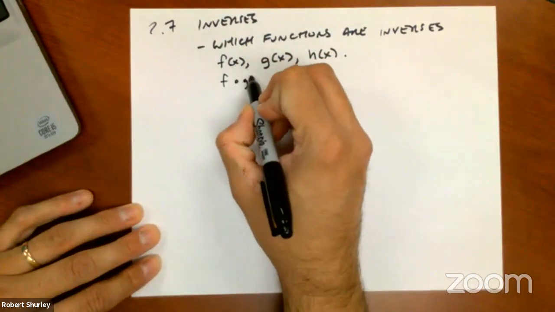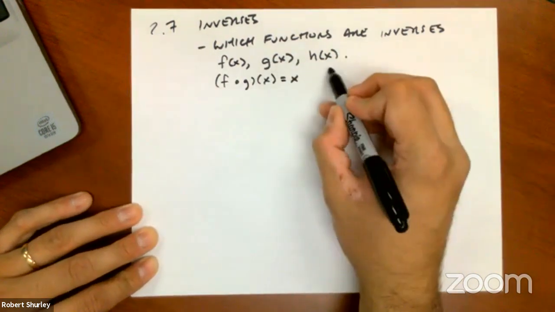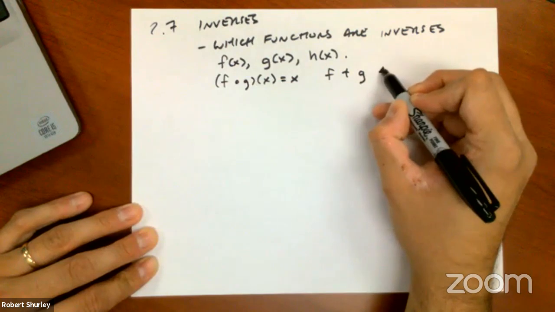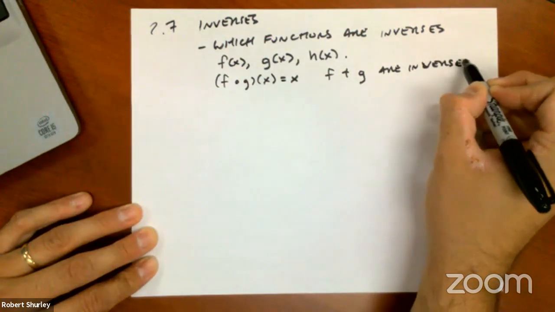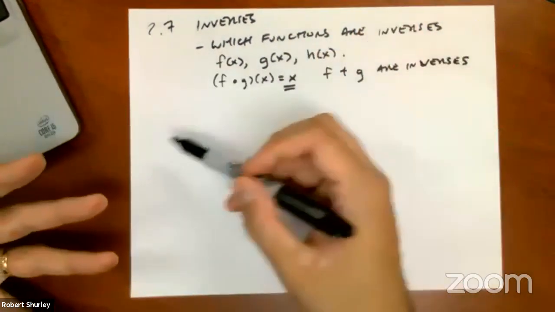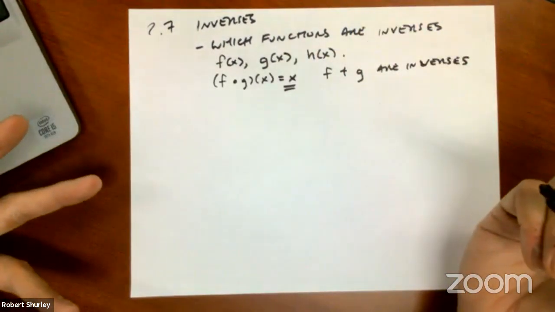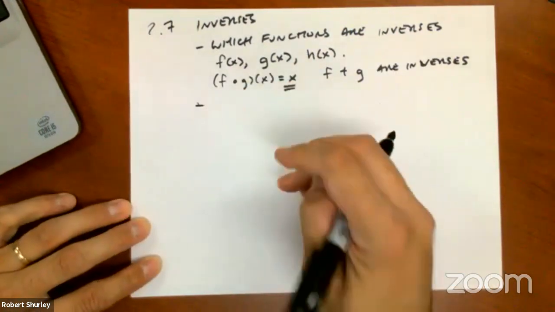So if f composed of g winds up being x, then we know f and g are inverses, right? So you just have to check it that way. Which two have compositions that give me x?